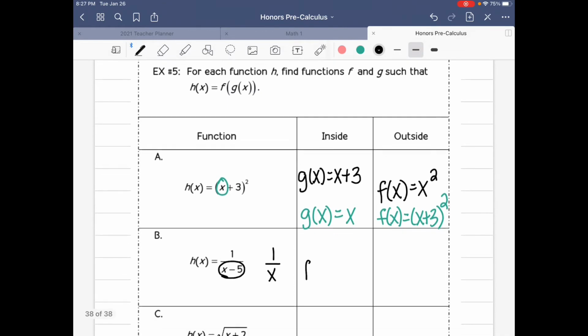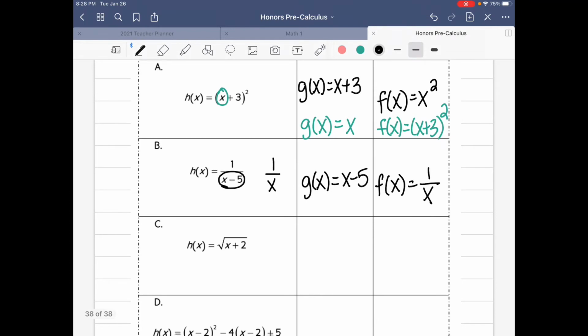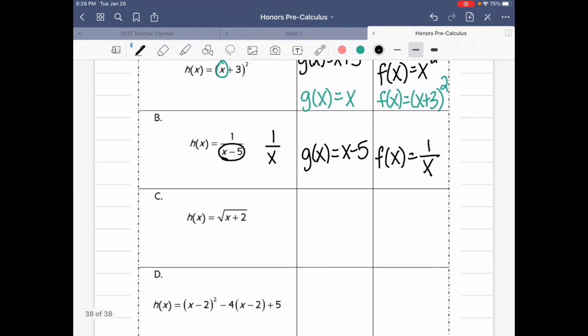So my original function, my f of x, would have to be 1 over x, and therefore my input, g of x, will have to be x minus 5. Again, you could also use that x value, but for this particular one, I'm going to leave it as is.